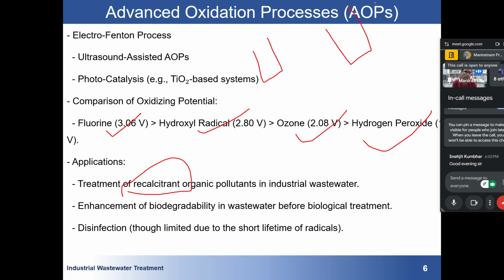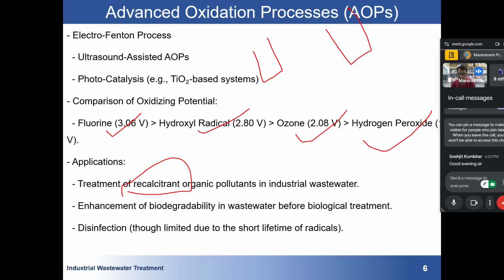We know that we cannot directly dump our industrial wastewater into the secondary tank. We have to break down the organic matter, because in industrial wastewater there are high chances that the organic matter is of very complex nature. There we will be using these radicals, that is OH dot, sulfate-based, H2O2-based.